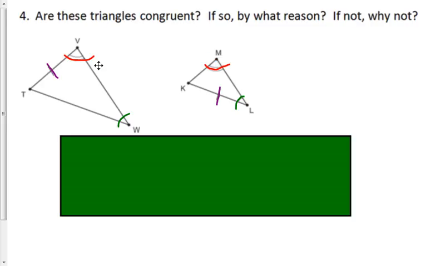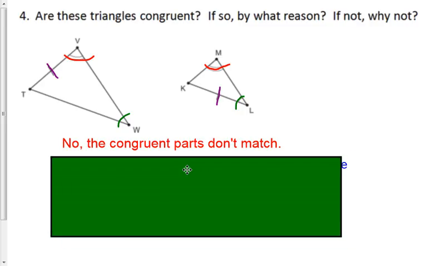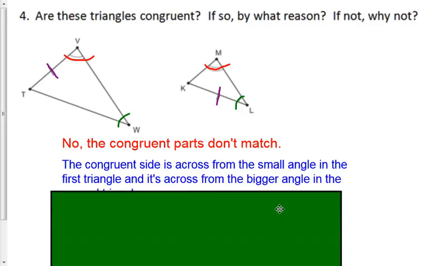So as you look at these, you can kind of tell that, yeah, they have the same angles here, but we can tell that this triangle is much smaller than this one. So it's a good representation of why we have to be sure that all of our pieces match up. So the side across from the angle has to match with the side across from the angle. So in this case, we would say no, the congruent parts don't match.